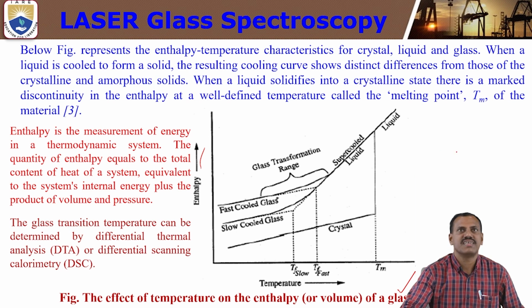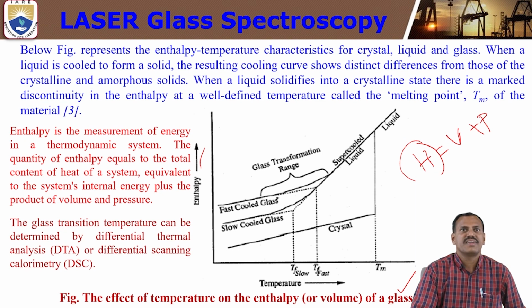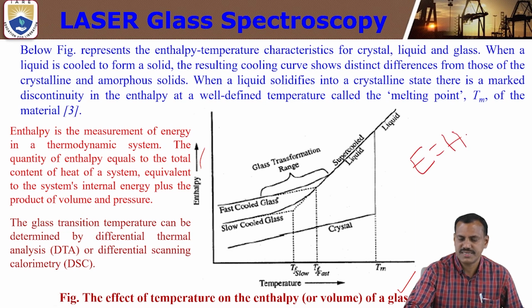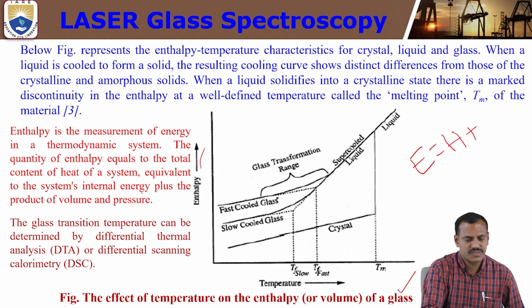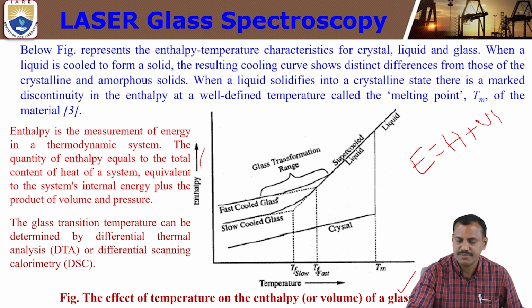The enthalpy symbol is H, so H equals internal energy E plus the product of pressure P and volume V. This is the enthalpy.